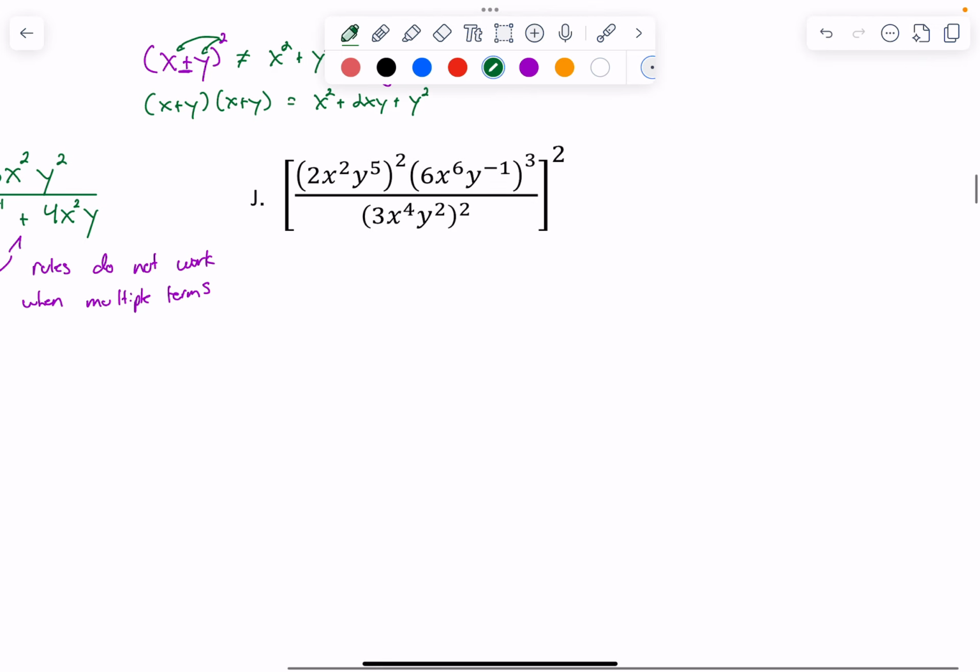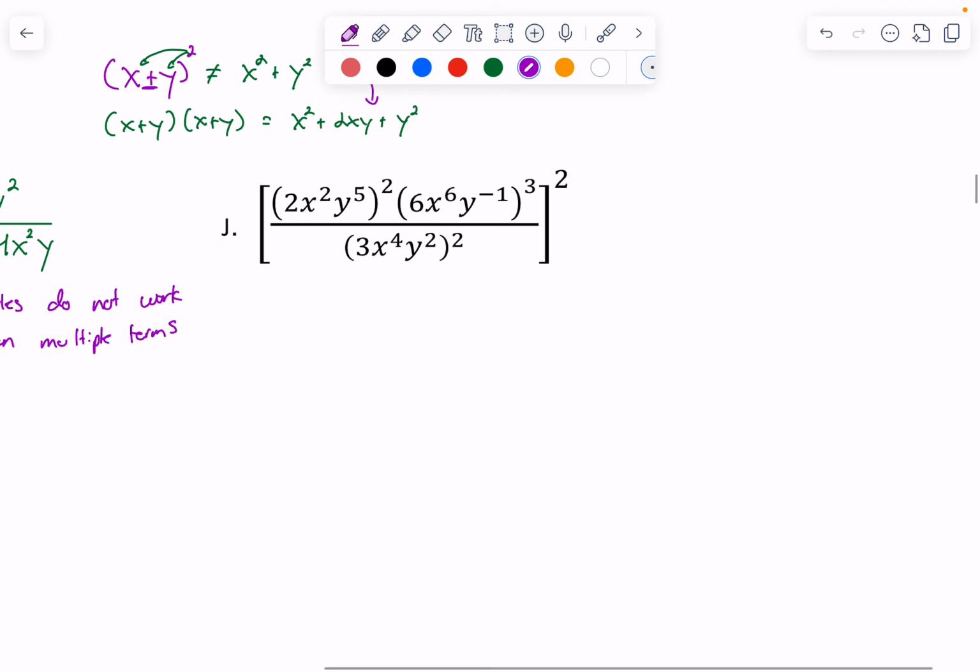Okay. J. So we have all of these brackets being put to the power of 2, the power of 3, and down here, all of this is put to the power of 2. So there's a few ways you can approach this, right?